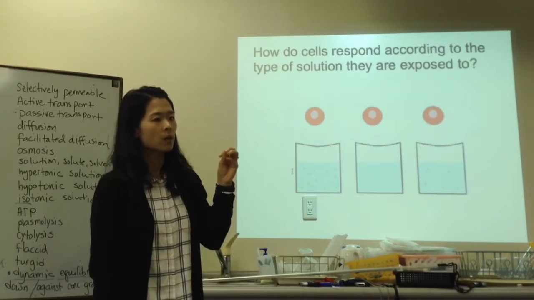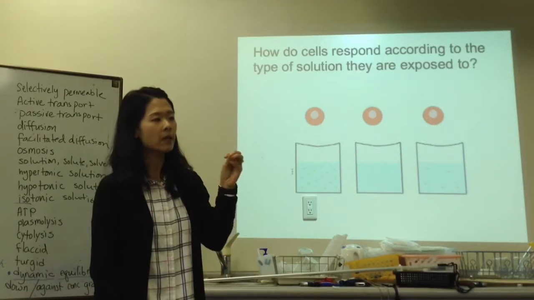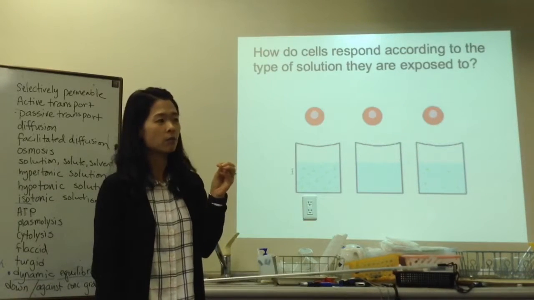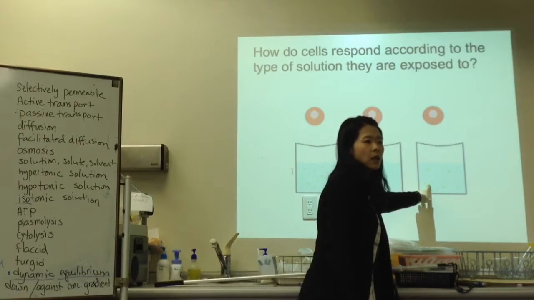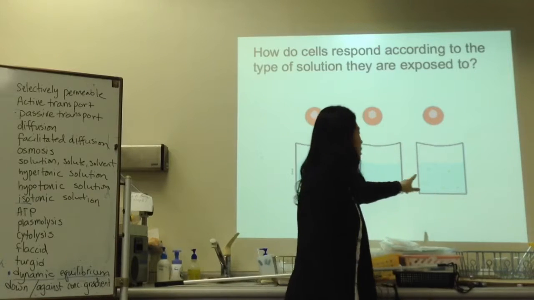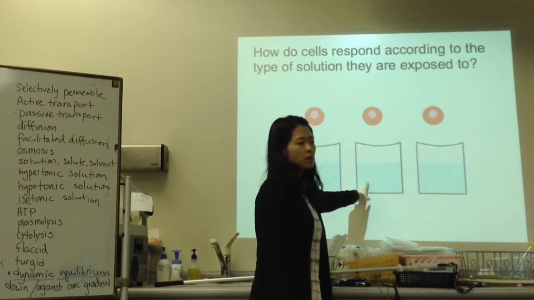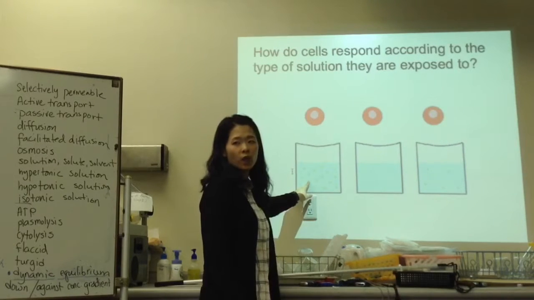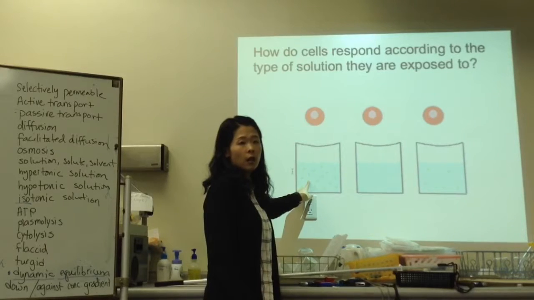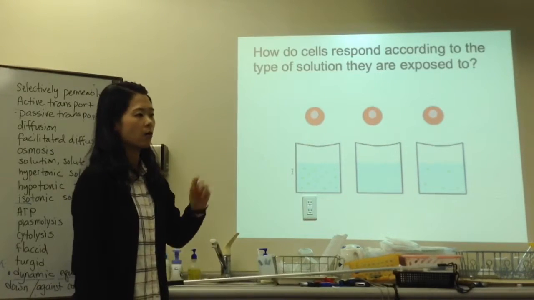So this is close to being an isotonic solution to the cell. Since there's nothing dissolved in this water, this is hypotonic solution to the cell. This would make it hypertonic solution to the cell. All right? Okay, so now what will happen to each cell?